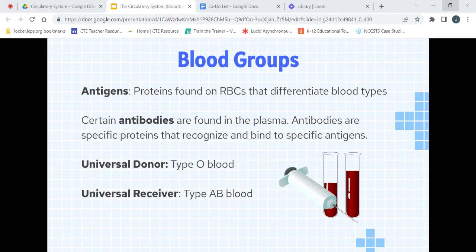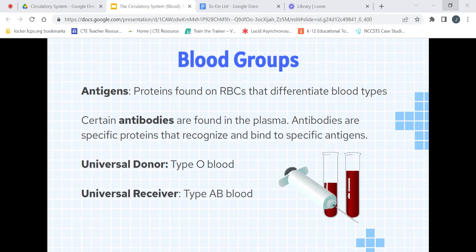The red blood cells of individuals with type A blood have type A antigens. Individuals with type B blood have type B antigens. Those with type AB blood have A and B antigens. Individuals with type O blood have neither type of antigen on their red blood cells. They are referred to as universal donors because they can donate blood to patients with any blood type.